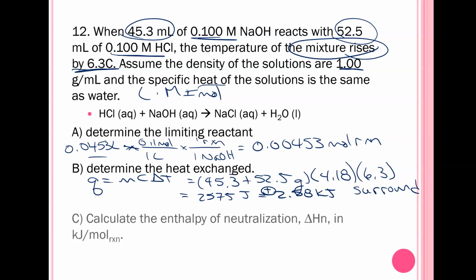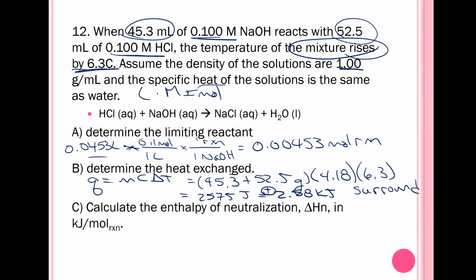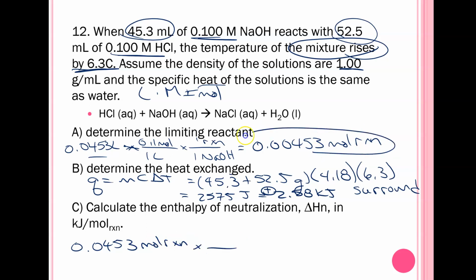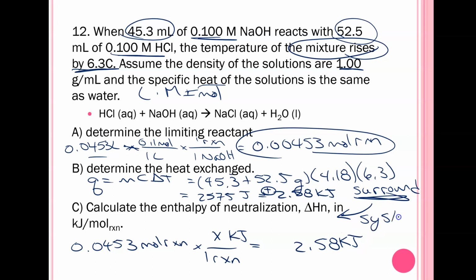So in order to calculate the enthalpy of neutralization, you're going to start with the moles, 0.0453 moles of reaction, because I already have that from my previous limiting reactant part. 1 reaction is X kilojoules equals 2.58. However, if that's my surroundings, this is always talking about the system.